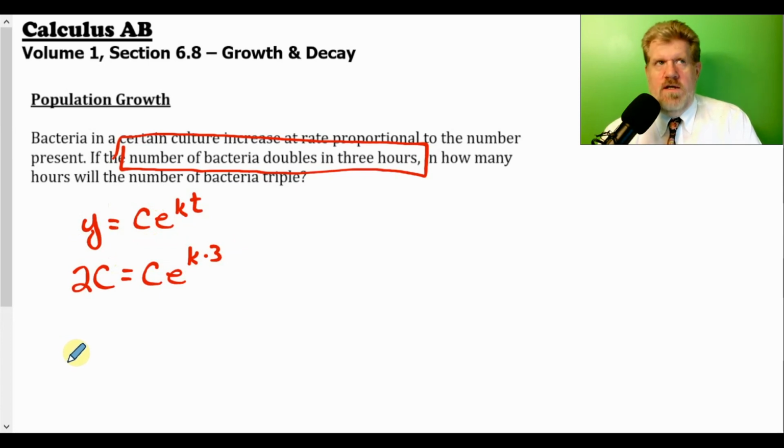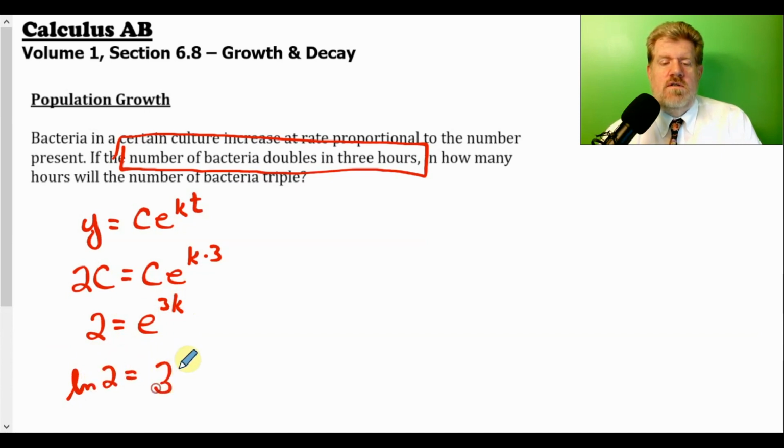Well, there's an equation that I can help solve for K. I can divide both sides by C. And I'm allowed to divide both sides by C because I know C is not 0. Because if C is 0, I can't have any growth at all. So there is my equation for K. Inverse of e would be natural log. So my K value in this case is 1/3 of the natural log of 2.